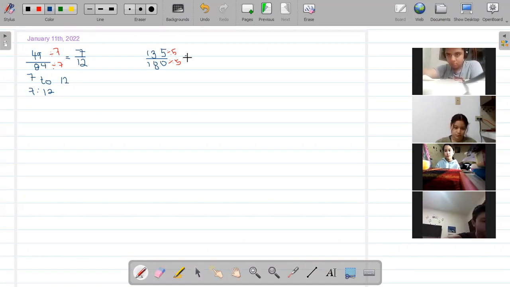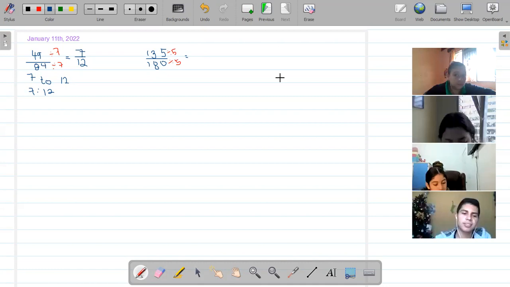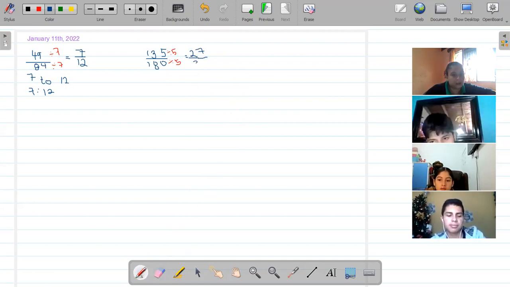135 divided by 5 is 27. 180 divided by 5 is 36.